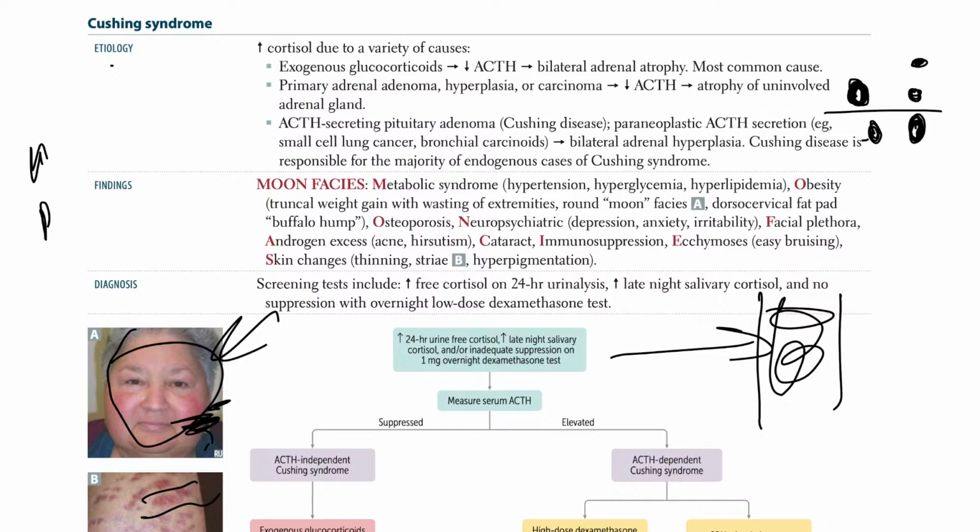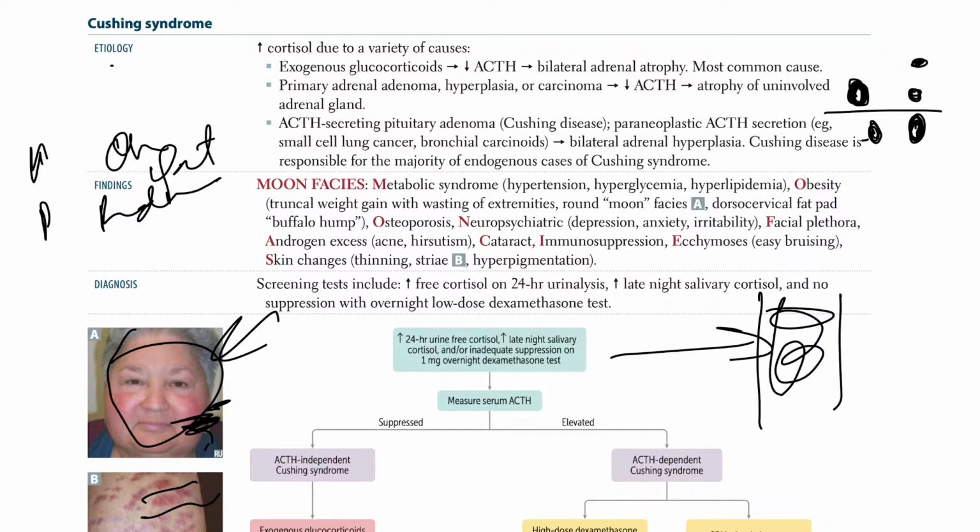Okay. Other than that, you are going to see, let's just write it here. Obesity is due to fat redistribution, due to increased insulin, due to increased glucose.